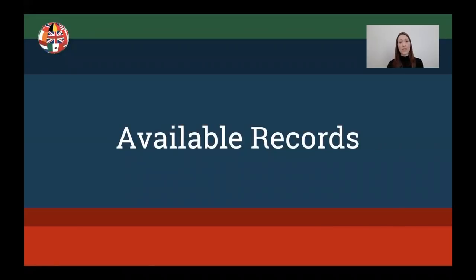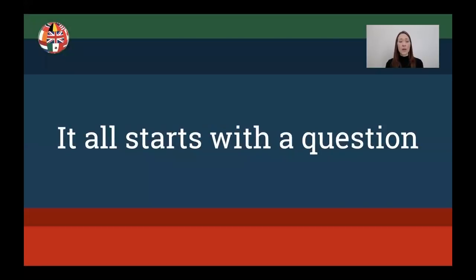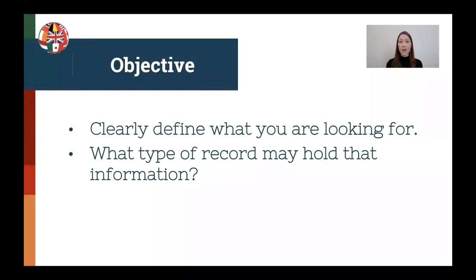All right, the second half of the definition of locality research is finding the available records for your time period. So we're going to move on and talk about that a little bit here. All of our research starts with a question. That's what we want to do, is answer a question. And we'll call that our objective.